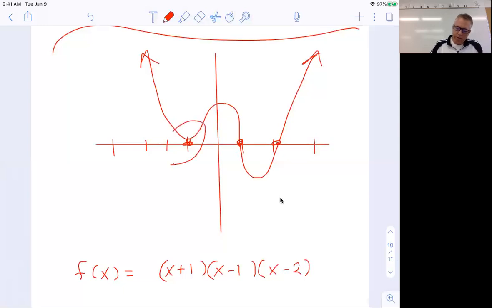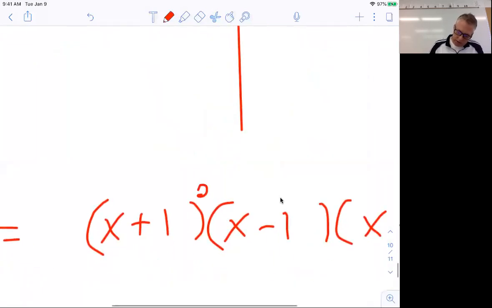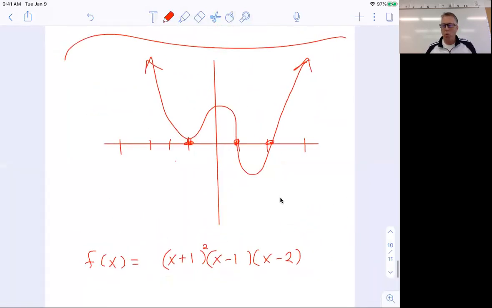When your function bounces off of a root, that will then make an even degree for the factor. So like this is x plus 1 coming from that root, but because it bounced, we would write that as x plus 1 squared.